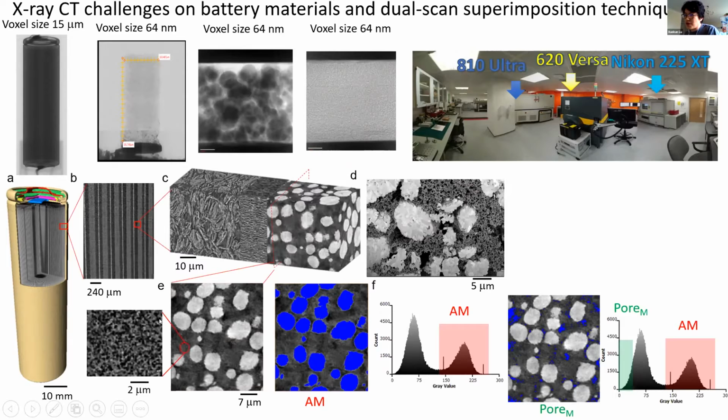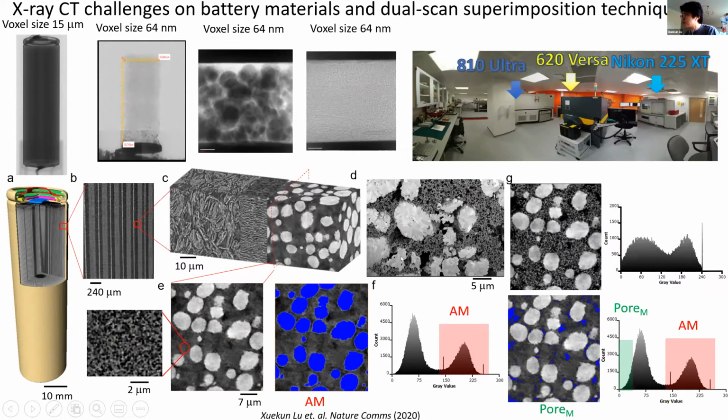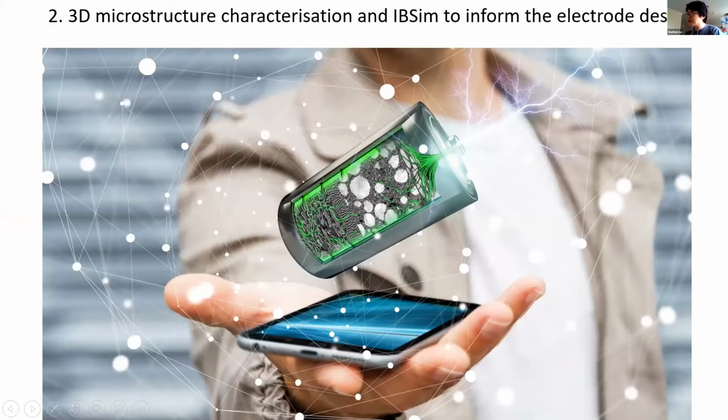And this is the microstructure we capture using this scan. Then we can superimpose this new data with the previous low contrast data to fully reconstruct the 3D microstructure. With this technique, we can conduct the full 3D microstructure characterization and image-based simulation.